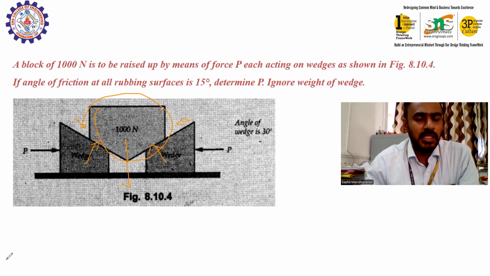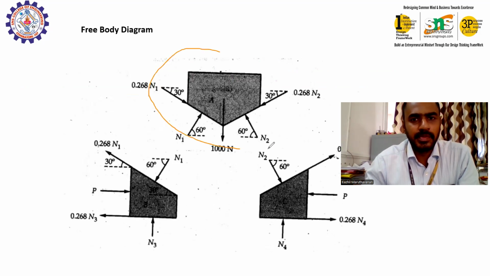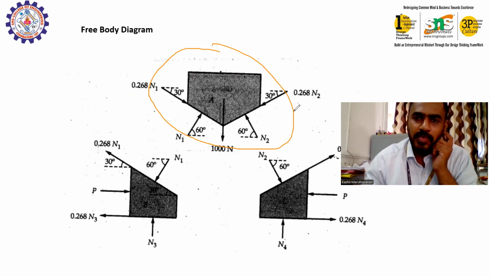Let's see the free body diagram of the block. Here the weight is in the downward direction, the normal reaction in the upward direction, and the normal reaction in the downward direction. This is nothing but the frictional force.